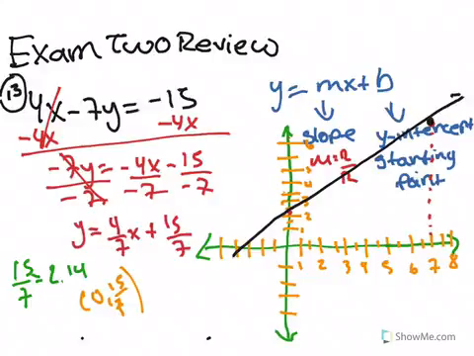There. So let's see if we can come up with a better graph, right? So my equation is, let me write that down. My equation is y equals 4 over 7x plus 15 over 7.